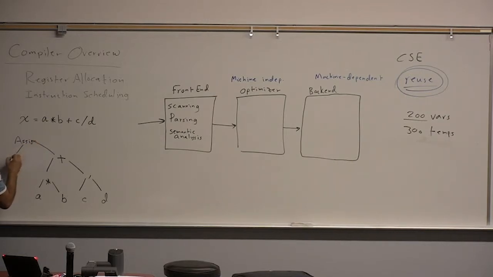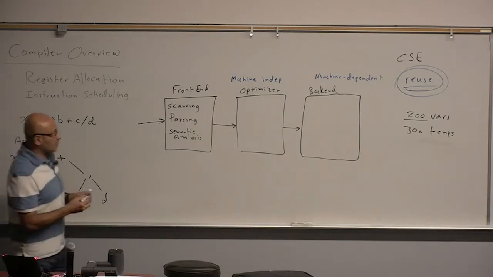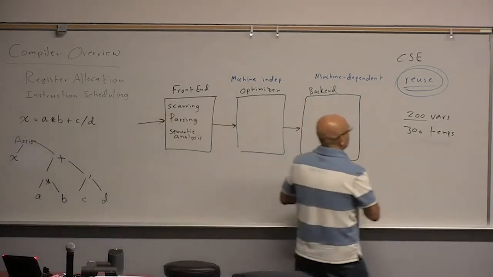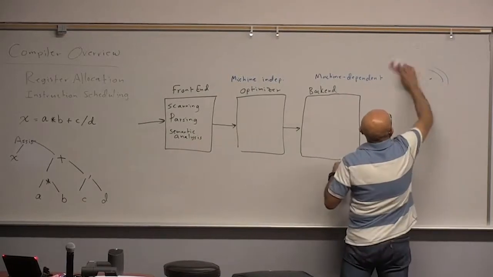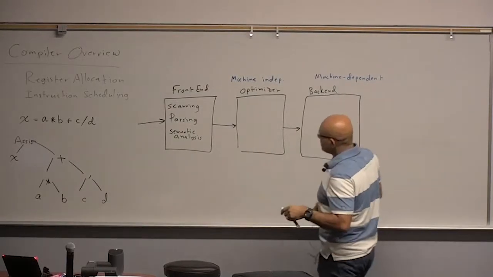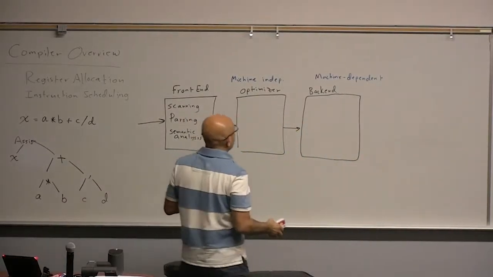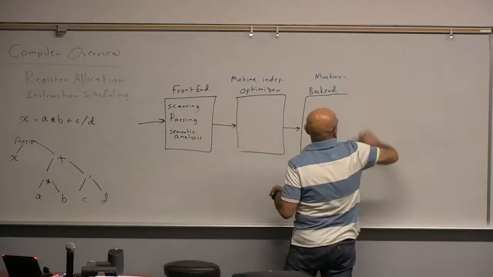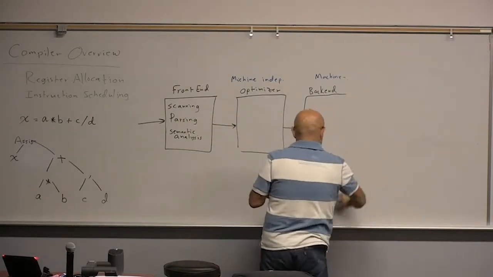You assign this to X. Now this intermediate result, when we wrote the assembly code for this, we wrote the code like this.